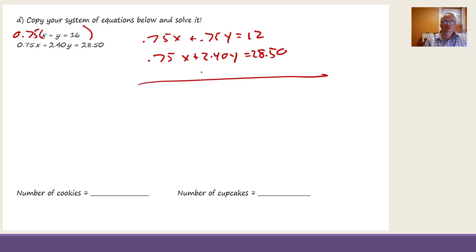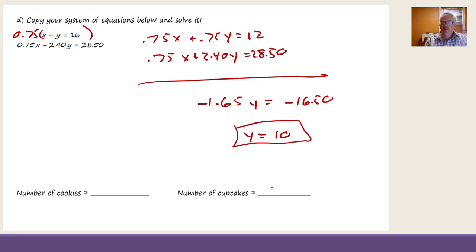Okay, and when we subtract these, we end up getting negative 1.65y equals negative 16.50. And if you solve that, you get y equals 10. That was the number of cupcakes. Well, if you remember, they have to add up to 16. That means the number of cookies was 6.